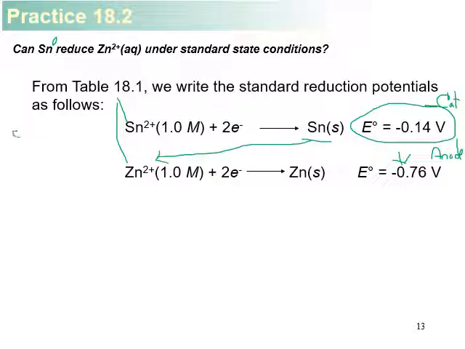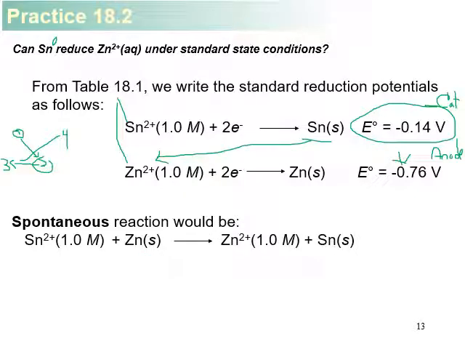Now remembering your magic X starts with a 1, goes to 2, goes to 3, and goes to 4. 1 and 2 are the reactants, 3 and 4 are the products. What would spontaneously occur? Tin 2+ would react with zinc solid to make zinc 2+ and tin solid.